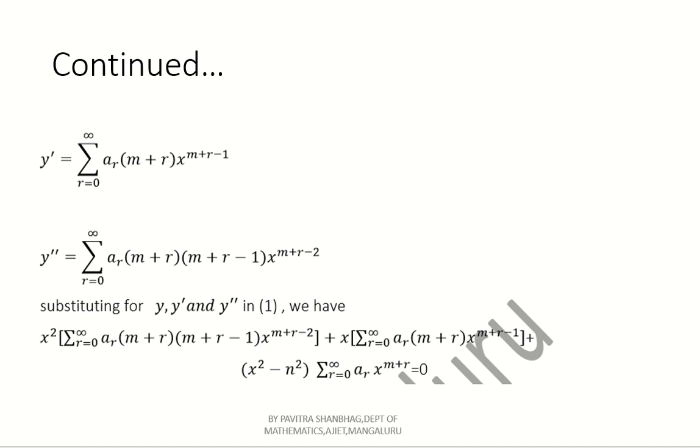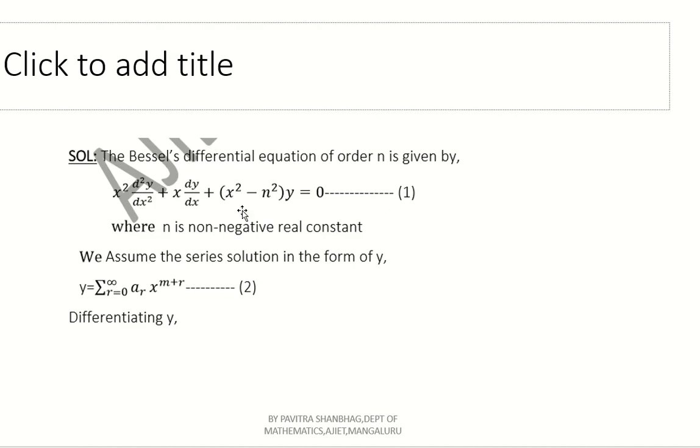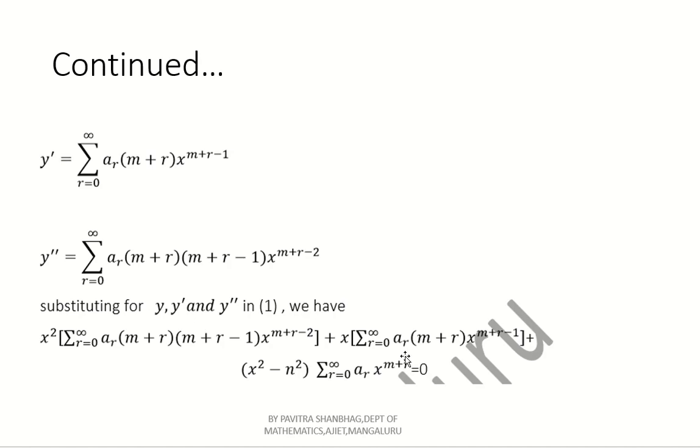Look into equation 1 here. See this one, we are replacing in this expression only. x into dy/dx is summation r from 0 to infinity a_r (m+r) x^(m+r-1). We have just replaced dy/dx.